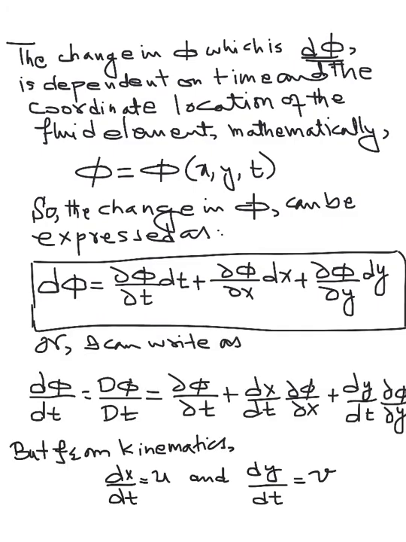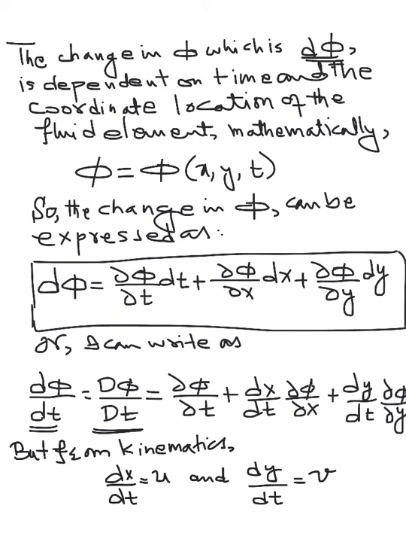Now dividing both sides of this equation by dt will result in this form, d phi over dt. With rearrangement of terms, I would like to mention that this d phi over dt can also be represented by capital D phi over capital Dt, and this is the right hand side of the equation.